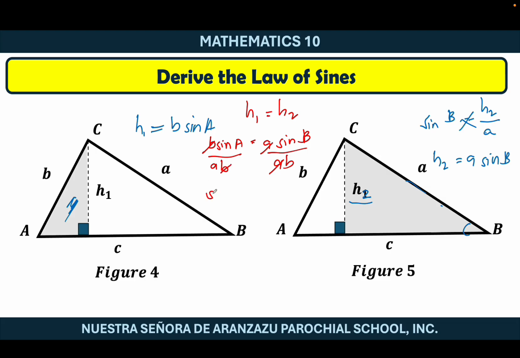So we will form sine A over a is equal to sine B over b. So there, we derived the formula for the law of sines.